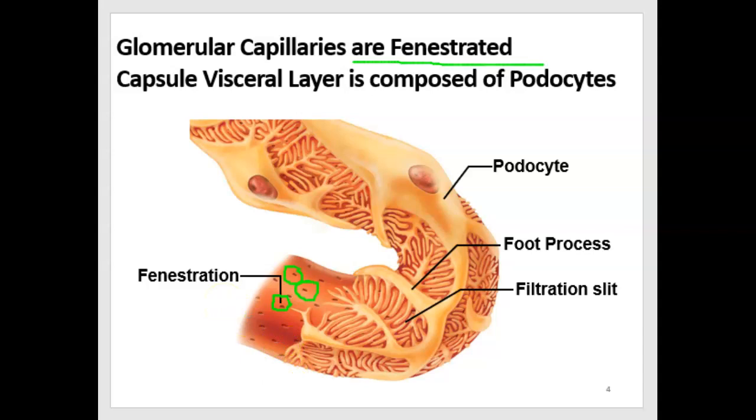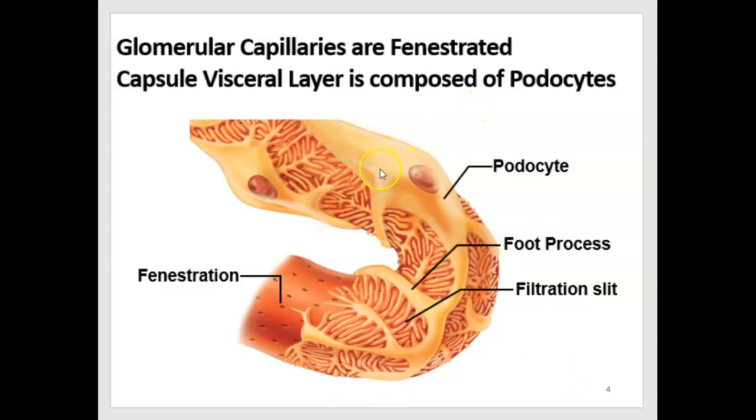And then notice that the visceral layer, composed of these podocytes with the foot processes coming out, form these slits in between foot processes or extensions of foot processes. It's called a filtration slit. And the filtration slit will actually limit what can enter the capsular space, which surrounds this capillary.